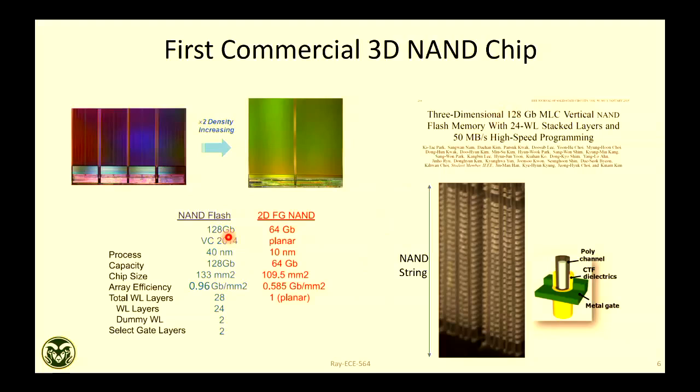When Samsung launched the product in 2014, it was all hands on deck at SanDisk: if we cannot make this technology in 1 or 2 years, we'll be out of business, because 3D was cheaper, right? You can have much higher bit density with higher reliability. That's why 2D NAND died after that, and really in 2 years, SanDisk also launched, in 2015 or 2016 I think, its first generation of 3D NAND.